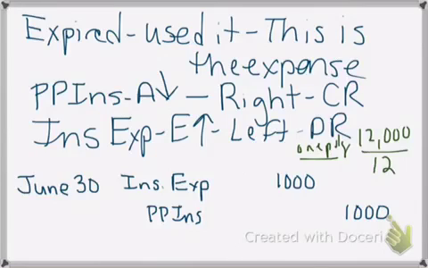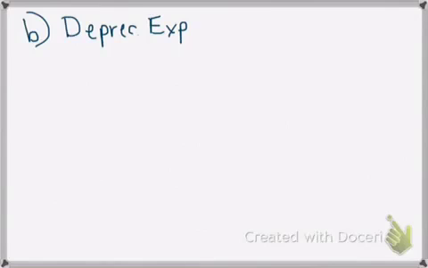All right, the next one that we are going to be looking at is B, and it says depreciation of pool structure for the month. Now, depreciation is going to be done the same way every time. Depreciation's entry will be depreciation expense is going to be your debit account, and this account is going to be for 7/15.